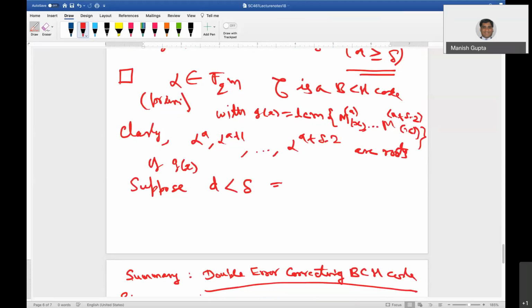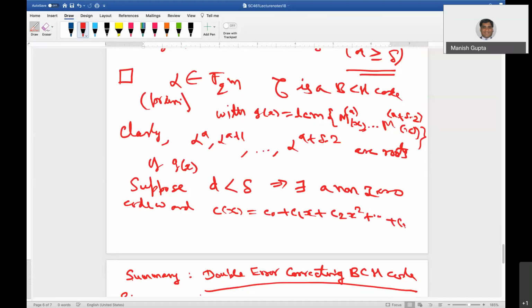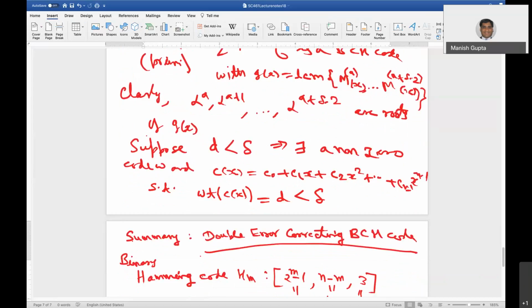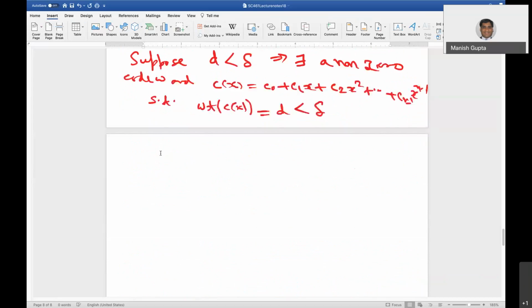This implies that there exists a nonzero codeword c of x equal to c0 plus c1 x plus c2 x squared plus and so on up to c_{n-1} x raised to power n minus 1, such that the weight of c of x is d, of course, because d is the minimum distance, and this is less than delta by our assumption.